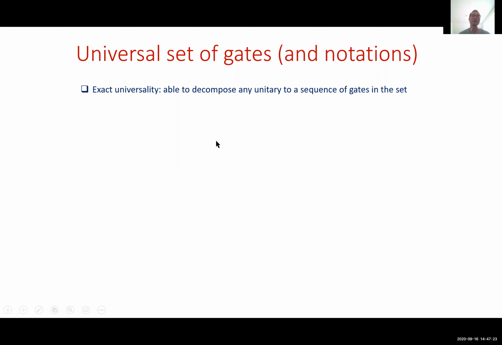In the previous slide, I said that those 3 gates can be used to approximate a big unitary as accurately as possible, but it's also possible to have the so-called exact universality, meaning that this U is decomposed into a sequence of 1 and 2 qubit gates. This is exactly the same as the original.